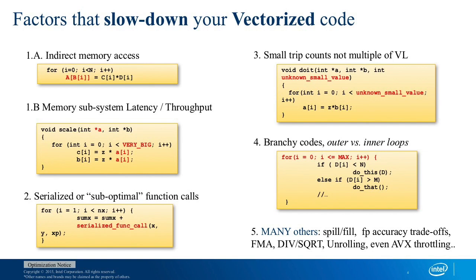And then you have the remainder for the rest that does not fit into a multiple of the vector length. So when the trip count is very large, then the remainder and peel loop might not play a role in your application. But if it's very small loops, then remainder and peel loop might be important.